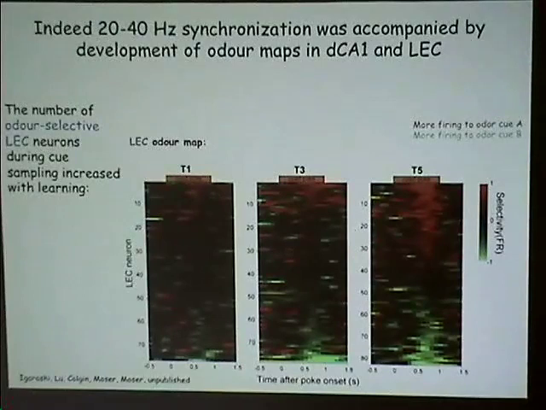But if it was selective to odor A, were there more cells in the area that the reward was for odor A? You mean more out of those cells that had firing at the reward area? Again, that's not something we analyzed, but that's a thing we could do, sure.